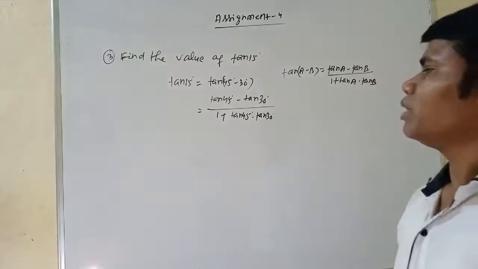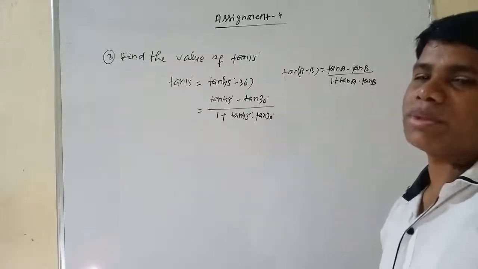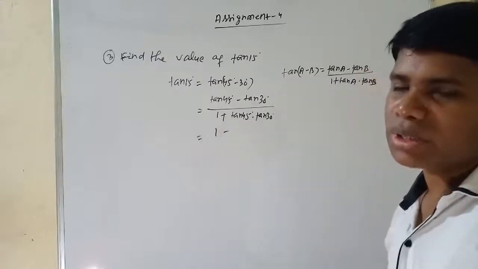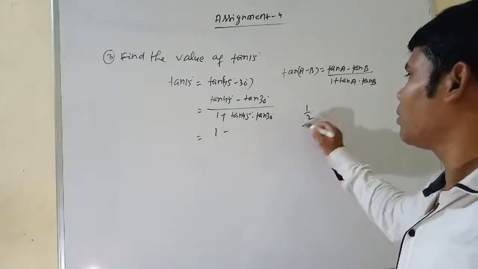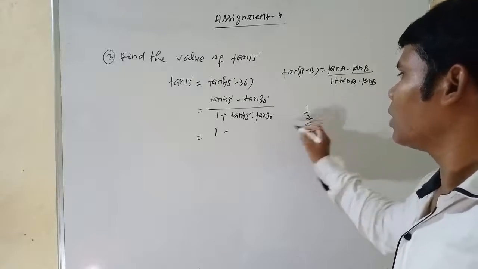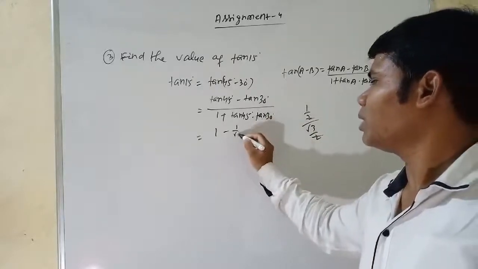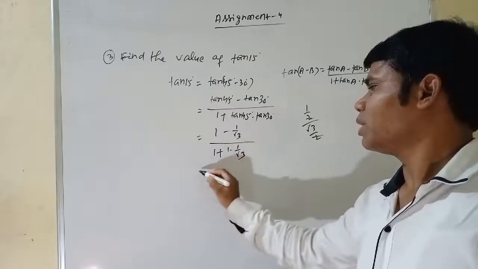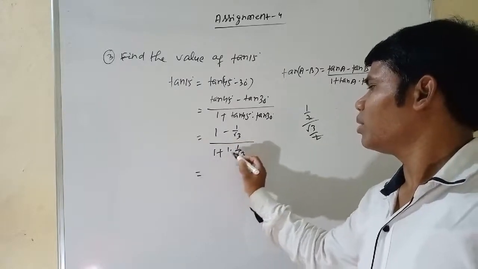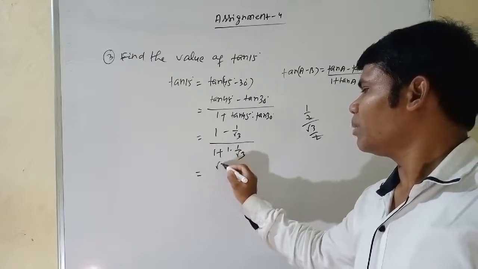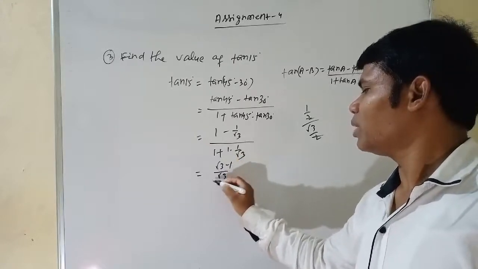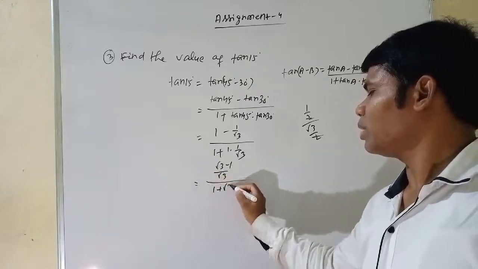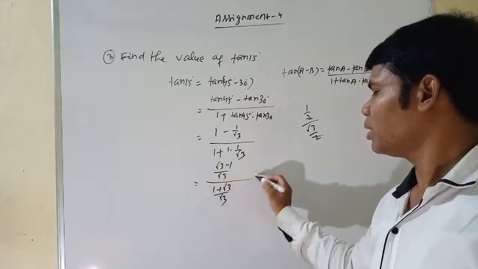You know tan 45 is equal to 1. Tan 30 is equal to sin 30 by cos 30, sin 30 is half, cos 30 is root 3 by 2, so tan 30 is equal to 1 by root 3. Divided by 1 plus 1 into 1 by root 3 is equal to root 3 minus 1 by root 3, divided by root 3 plus 1 by root 3.